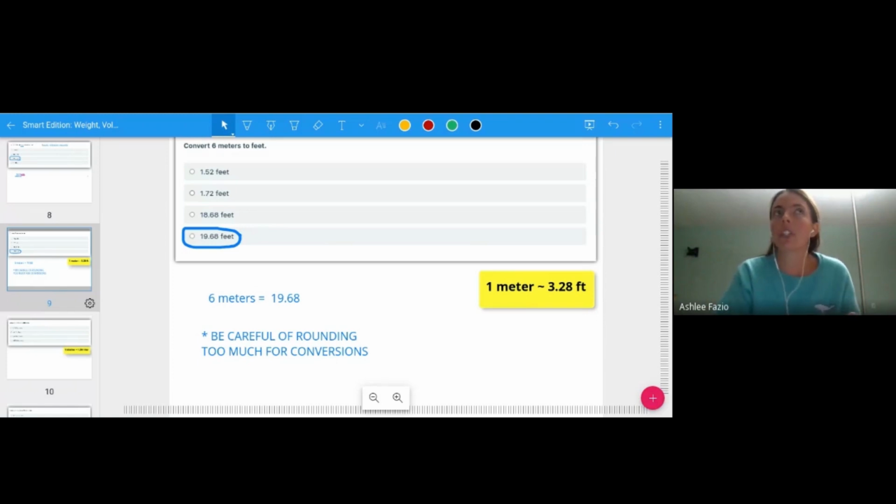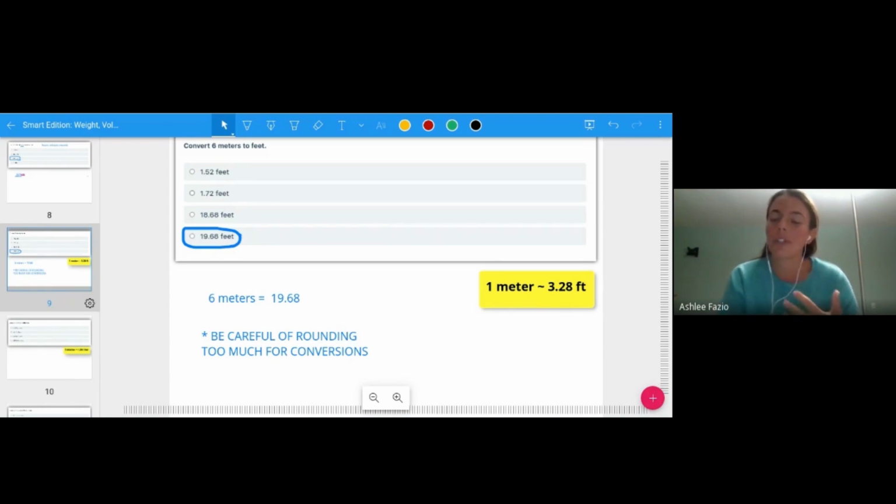If I'm going to round 1,352,045 to 1,352, that's not going to change it too much. But because this is only 3.28, if we just rounded it in our head to 3, that would be a pretty big percentage of the number that I'm just cutting off and pretending doesn't exist. When we're rounding to whole numbers, sometimes that can be too much rounding.